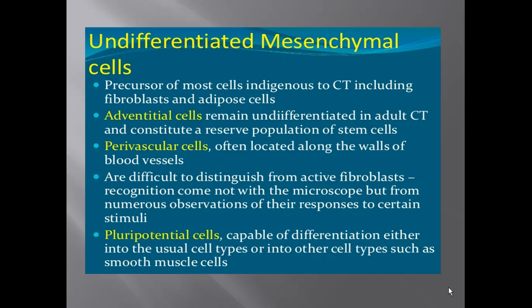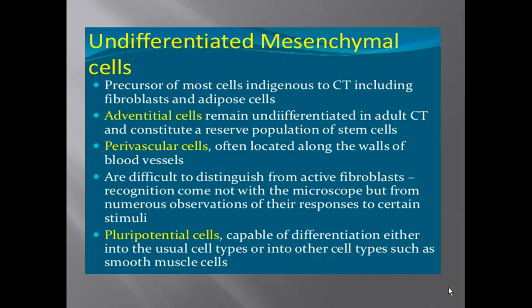Perivascular cells are located along the walls of blood vessels, and it is not easy to recognize or distinguish exactly what they are. But from numerous different observations, we can see they respond when we have certain stimuli.